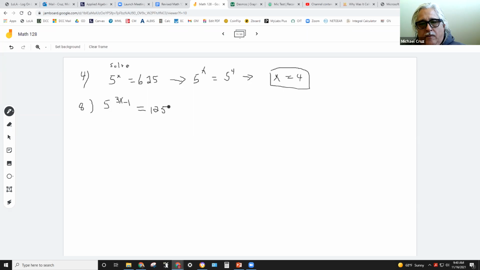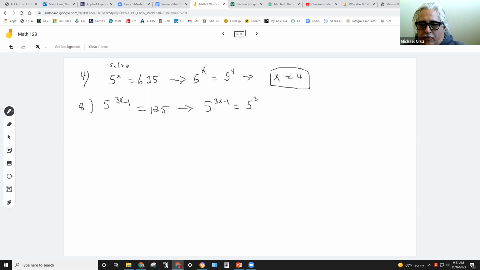Okay, again, we have 5 here, so hopefully that's a hint that this one can be written as 5 cubed.